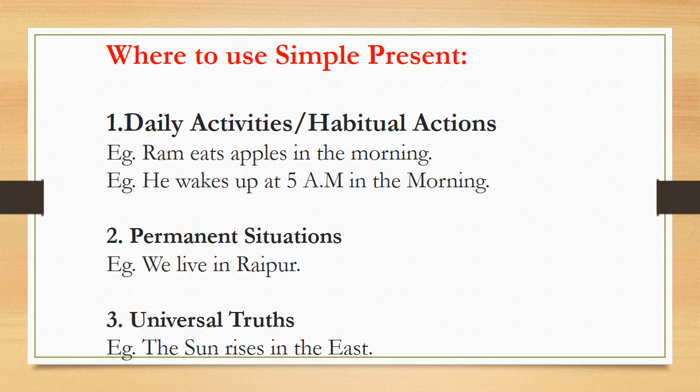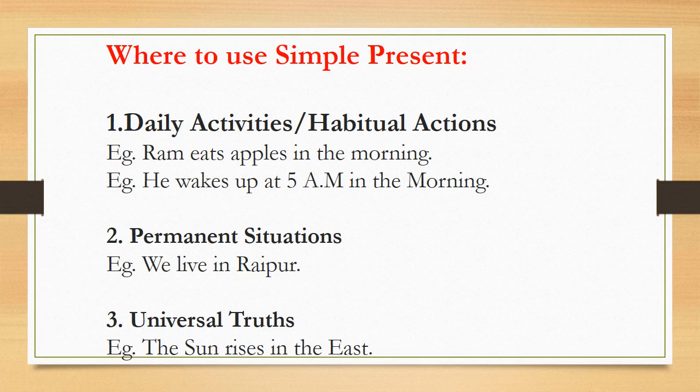Say for example, all your daily activities or habitual actions like Ram eats apples in the morning. It means Ram eats apples every day. Ram will eat apple today, Ram will eat apple tomorrow, and Ram will eat apple day after tomorrow. It means this action is performed by Ram every day. This activity of Ram will occur regularly without any stoppage.